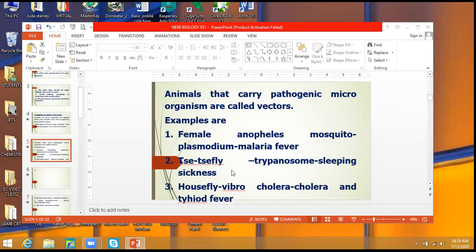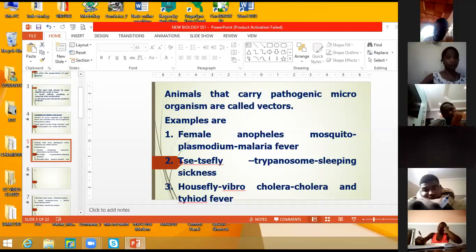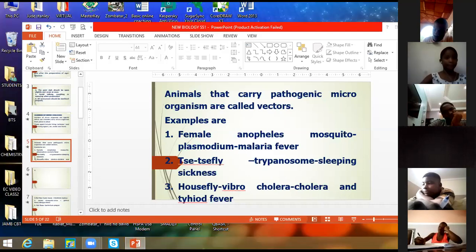So rule your line so that you understand the table very well. You have Tsetse fly, trypanosome, then the disease caused by trypanosome is sleeping sickness, which is also known as trypanosomiasis.